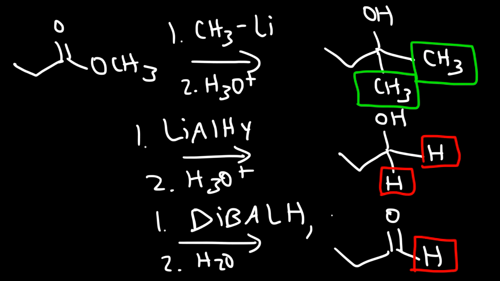Now this reaction has to be carried out at low temperatures, negative 78 degrees Celsius. You could achieve this temperature by using dry ice. Dry ice sublimes from the solid state to the gaseous state around negative 78 degrees Celsius. And it's useful to use dry ice because the temperature will stay the same until all of the solid sublimes into a gas.